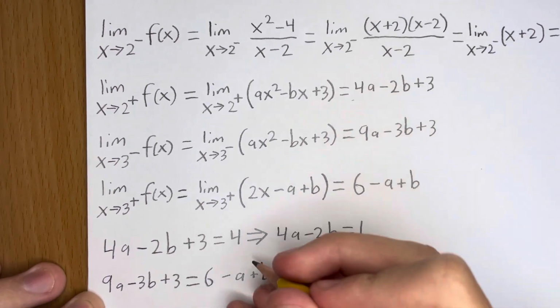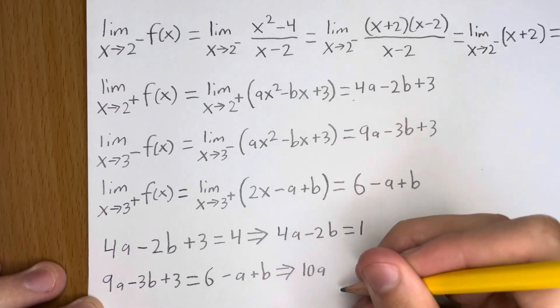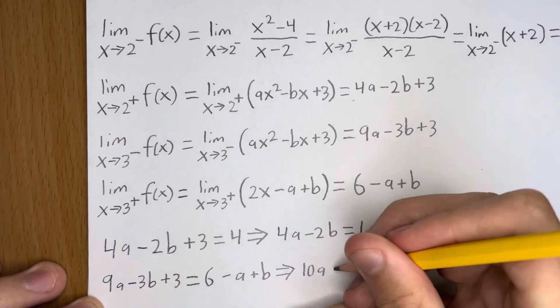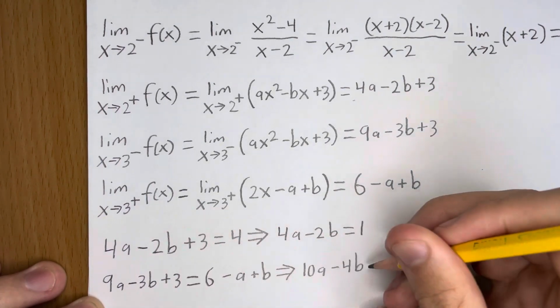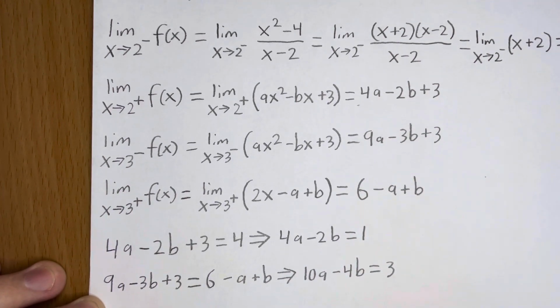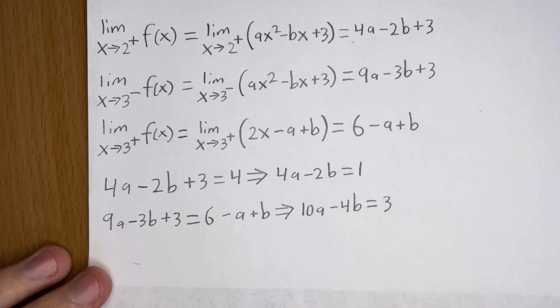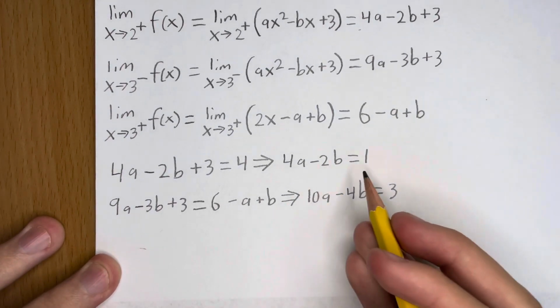If we add a to both sides, we get 10a on this side. If we subtract b from both sides, we get minus 4b. Subtract 3 from both sides, and we get 3 on this side. So now we have our two equations, and we can use them to get the answers for a and b.